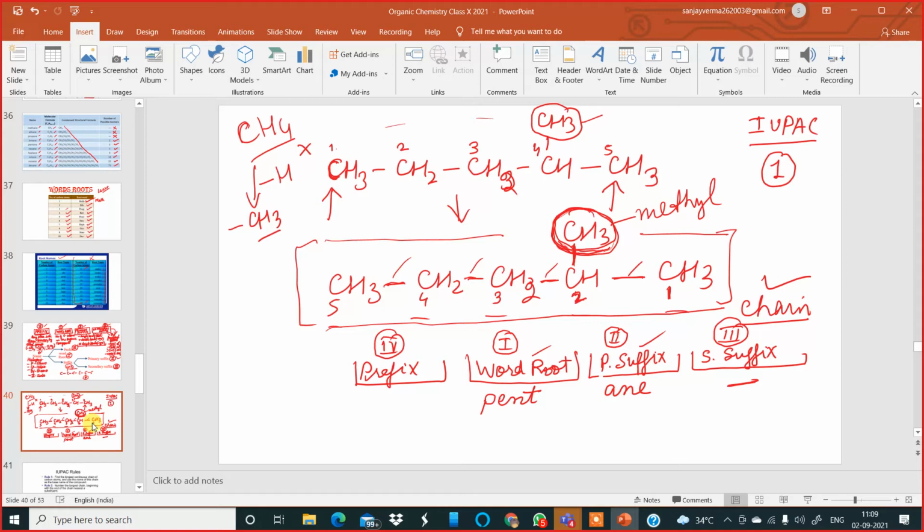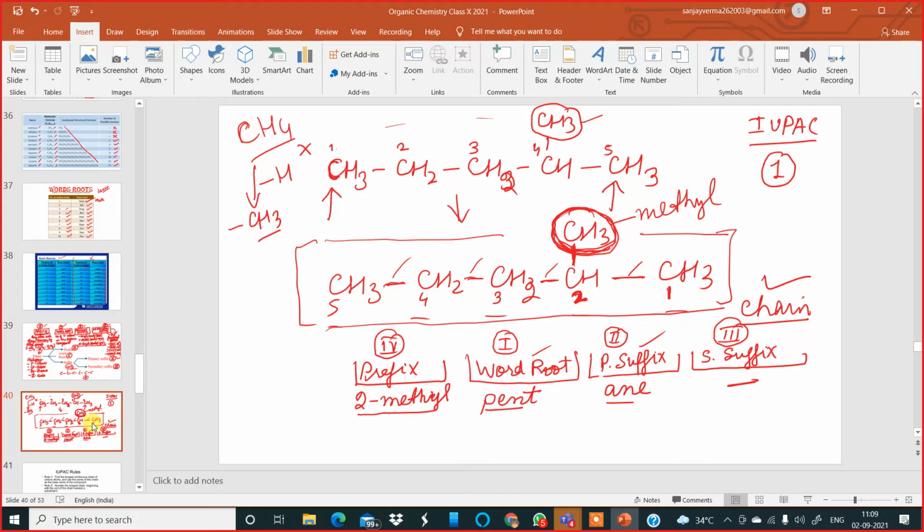So which carbon of the chain is it attached to? The second carbon. So in the prefix I write 2-methyl, thus 2-methyl pentane.